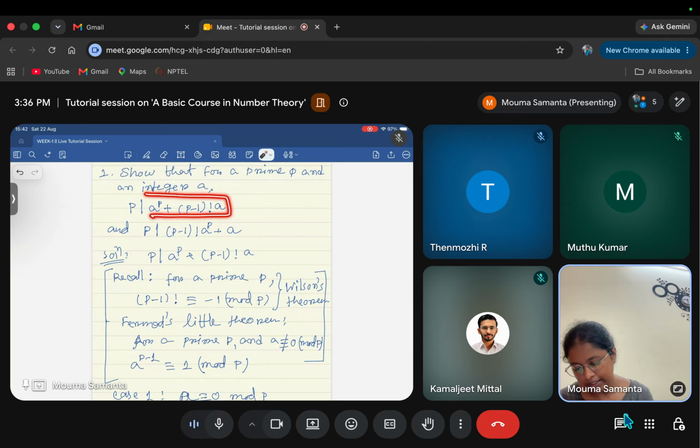Now look at the right hand side, a power p plus p minus 1 factorial times a. The first term is congruent to a mod p.